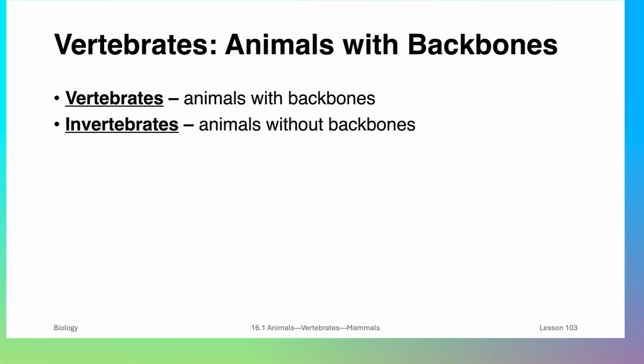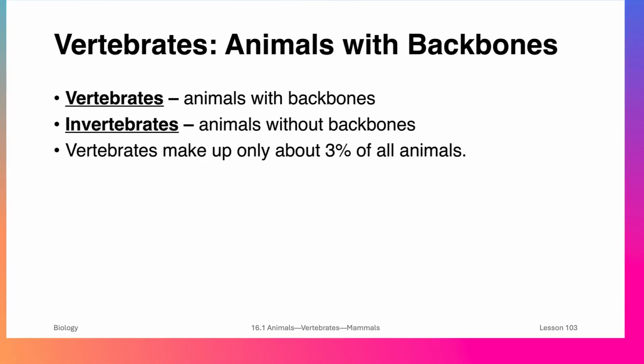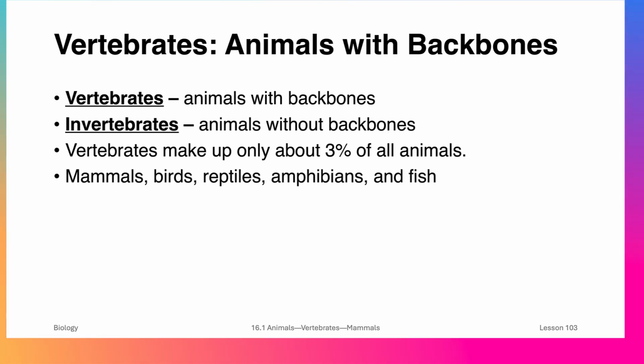And then the first 5 weeks we will be primarily talking about vertebrate animals. Vertebrates, however, are the smaller of the two groups and only make up about 3% of all the animals. Now, in the vertebrate group are mammals, birds, reptiles, amphibians, and fish. And this will be 4 weeks we will be talking about.